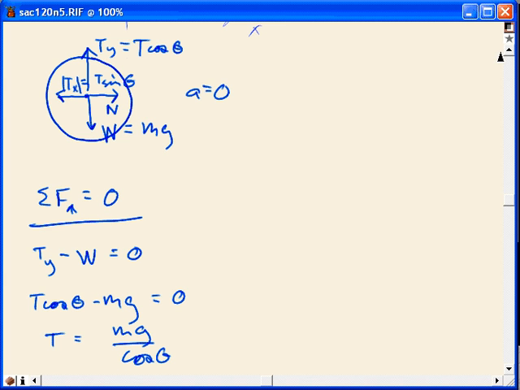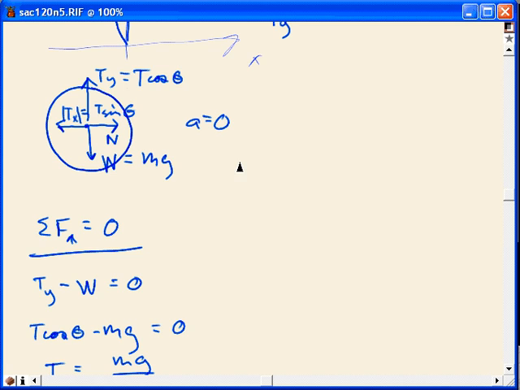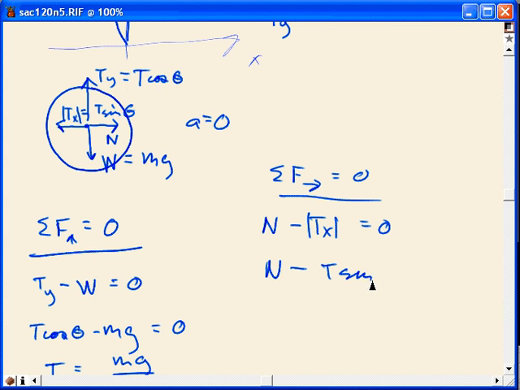Then the other question was, what's the normal force? So looking at that same free body diagram, we'll say the sum of the forces to the right is equal to 0, and that's N to the right, and then Tx to the left. N minus Tx is equal to 0, where Tx is T sine theta.